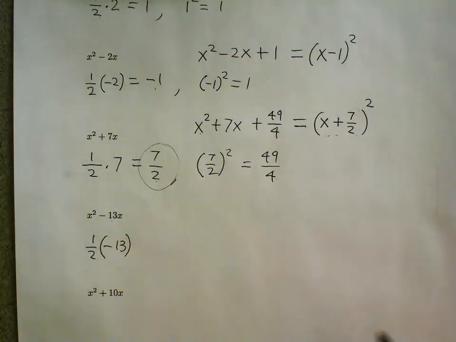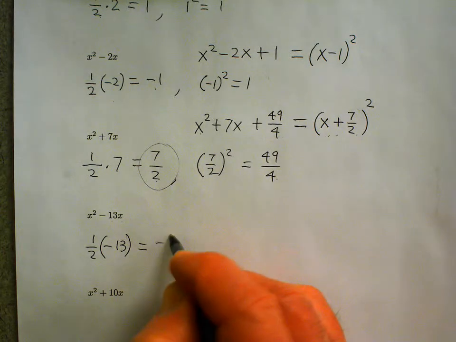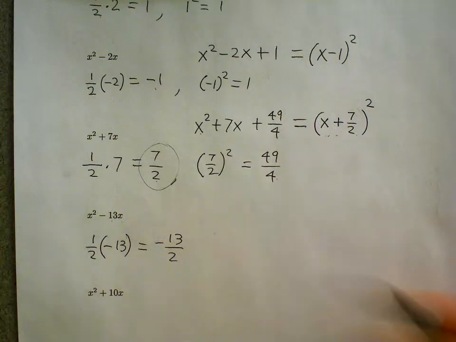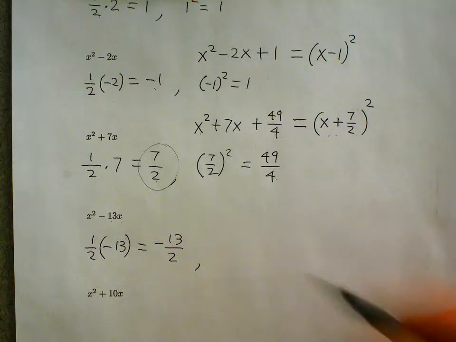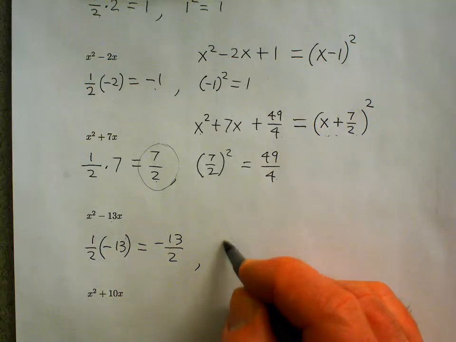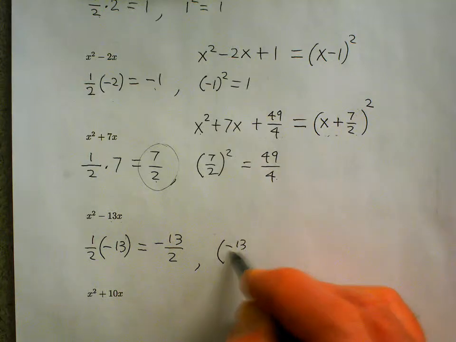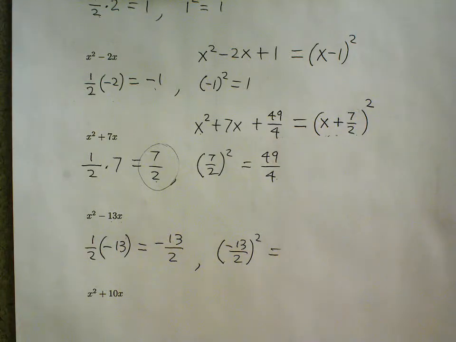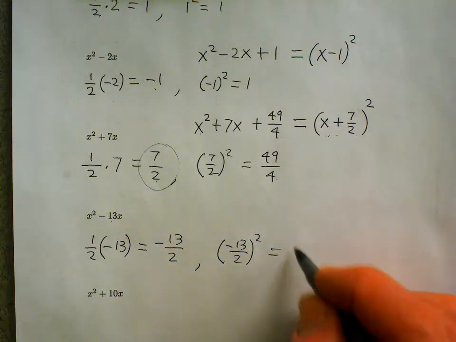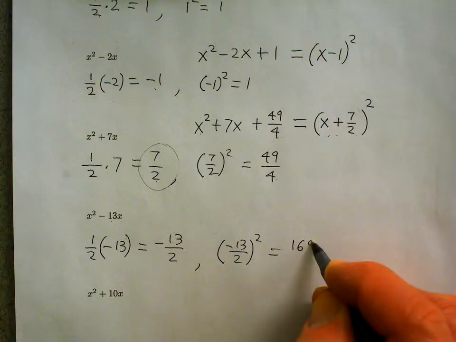So 1/2 of negative 13 is negative 13 halves. In the next step, we square that number, negative 13 halves. That means negative 13 halves times negative 13 halves, which is positive 169 fourths.